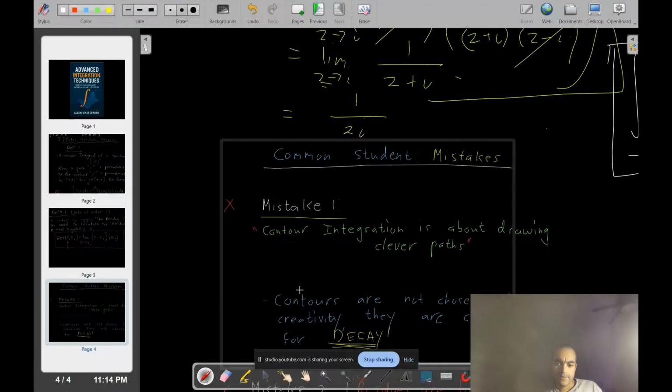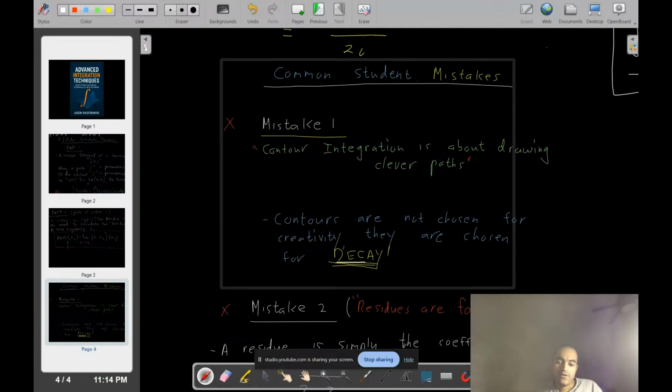Mistake number 1: contour integration is about drawing clever paths. Yes and no, mainly no. Contours are chosen by decay, and more than decay, they're chosen based off where you can avoid the branch cuts.